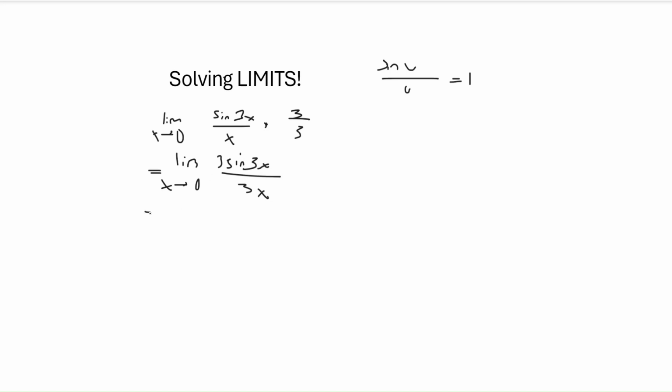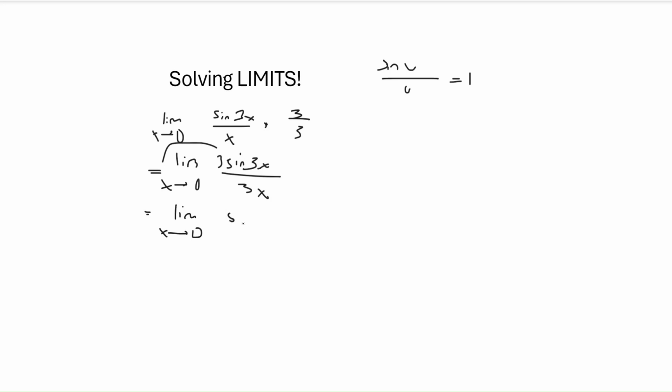But what we can do is break off the 3 and do it like this. Now, you'll see some teachers like putting the 3 in front of the limit, and some don't. It doesn't matter what you do. For the sake of you seeing it, I'm going to put it next to the initial expression, but if you see it on the outside, that's perfectly fine as well.